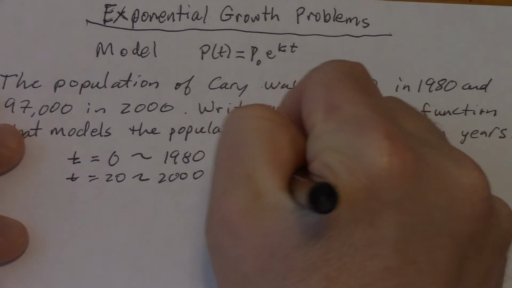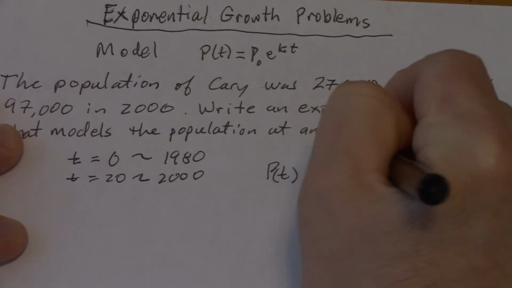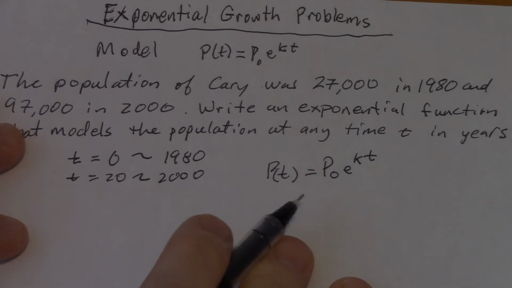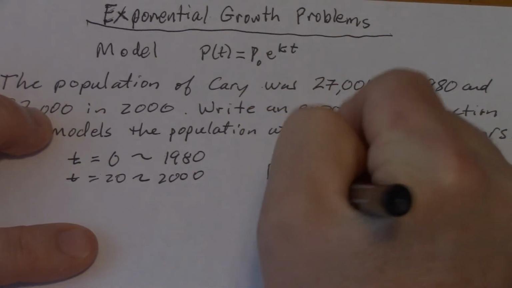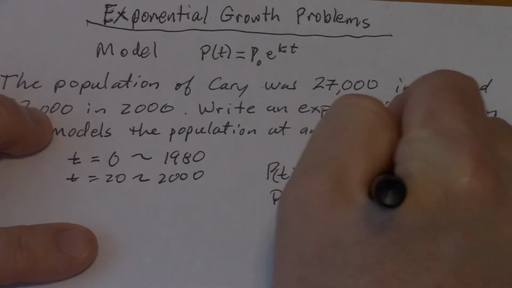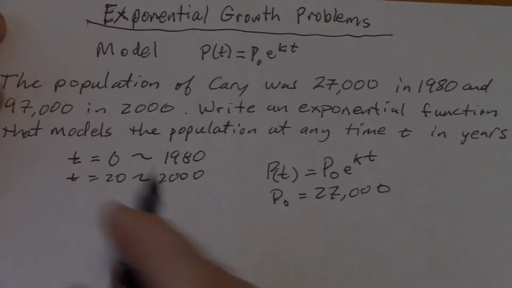So we know if we're using our model, P of t equals P0 e to the kt, that P0 is going to automatically be 27,000. Alright. So using the other data point, 97,000 in the year 2000, that's when t equals 20.